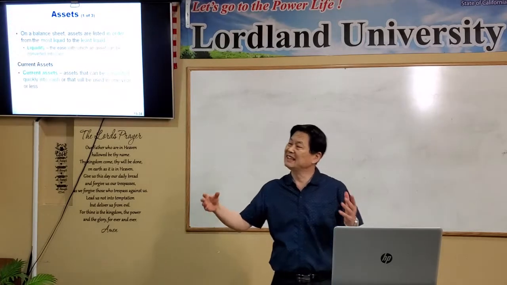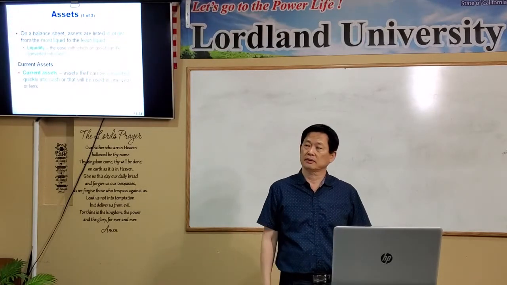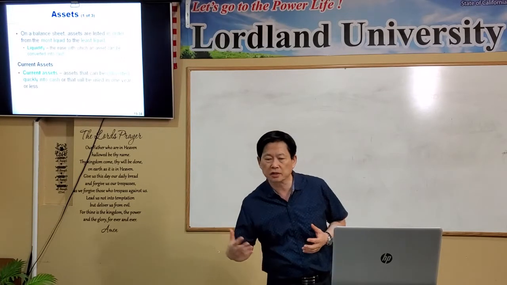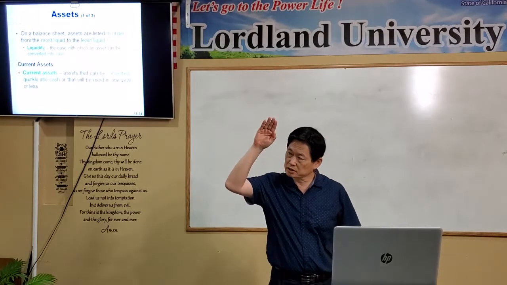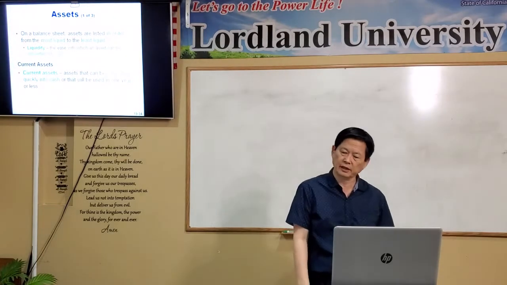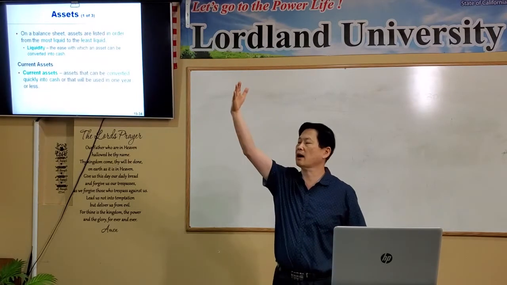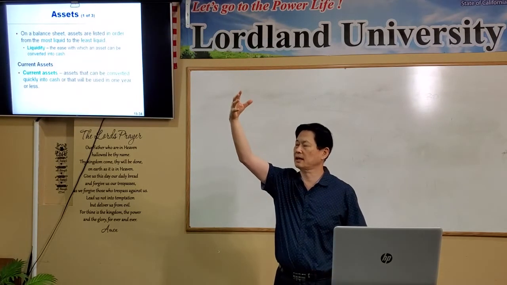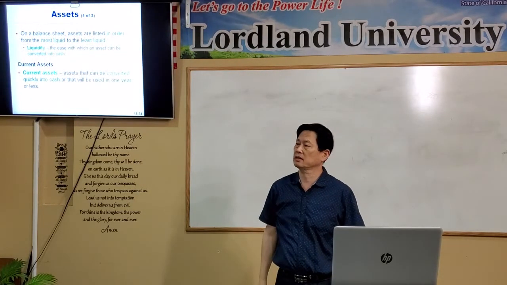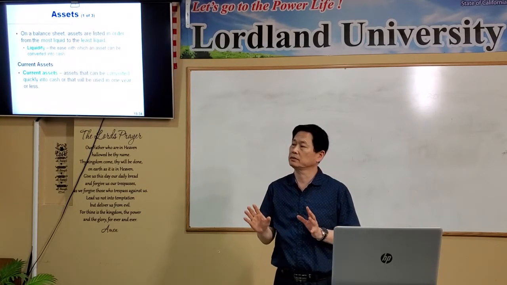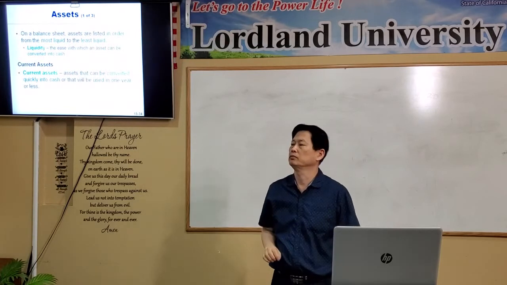But intangible asset cannot be exchanged instantly, so it is the least liquid. Therefore, cash is written at the top of the assets. Intangible asset must be written at the bottom of the assets.